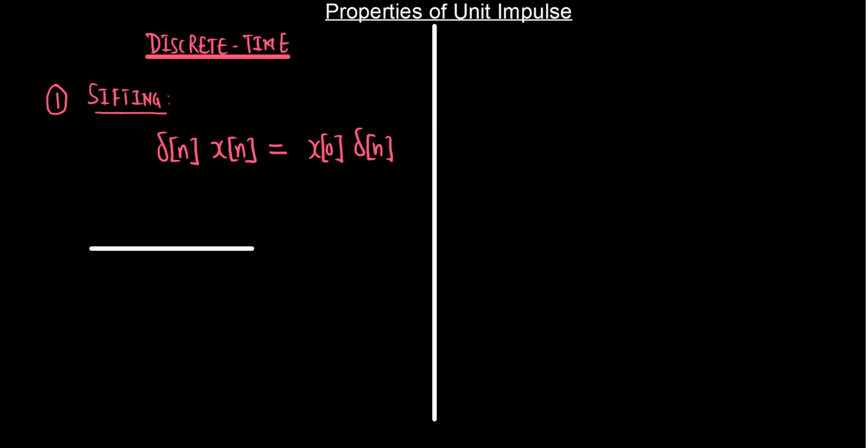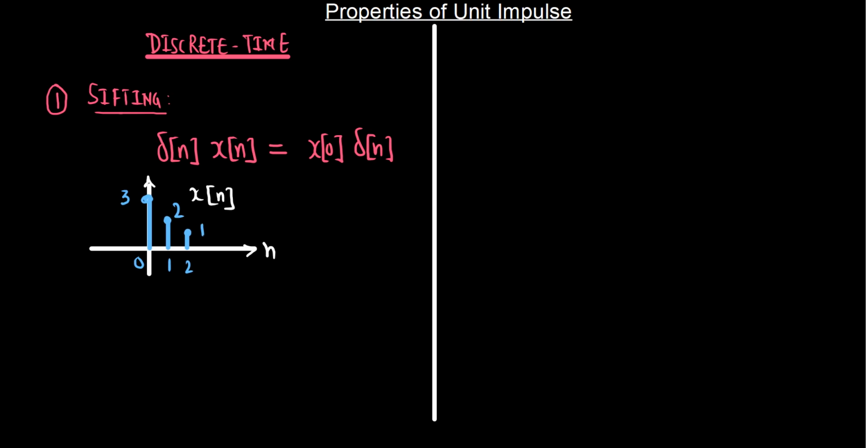If you have some signal, the simplest signal, let's say it is 3, 2, 1, at 0, 1 and 2, let the axis be n and let the signal be x of n.